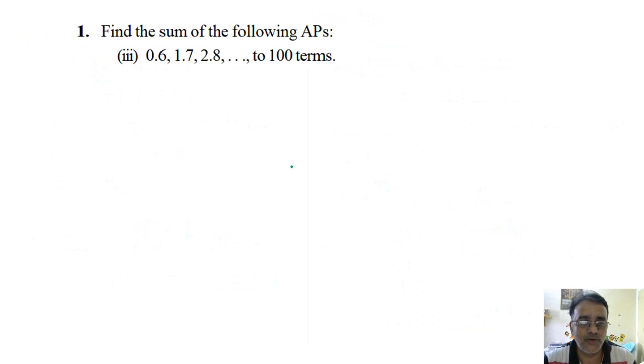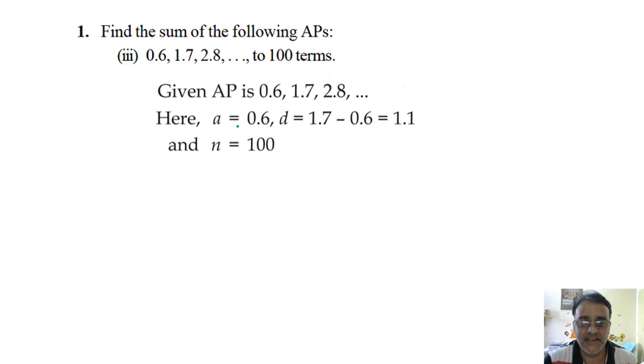Okay, we'll see one more question, with decimals. The third bit and fourth bit is fractions, that also we'll see. What is the value of A? 0.6. What is the value of D here? Second term minus first term, 1.1. And what is the value of n? 100. So A is 0.6, D is 1.1 and n is 100.